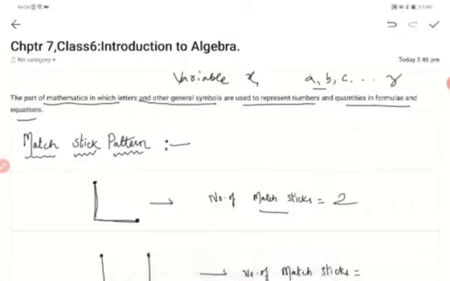Now if I want to make 2 L patterns, one and the other, one L is using 2 matchsticks, and if I want to create 2 L's side by side like this, I will need 2 plus 2, 4 matchsticks, right?